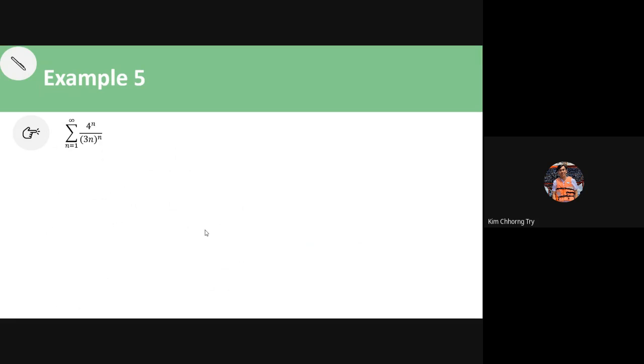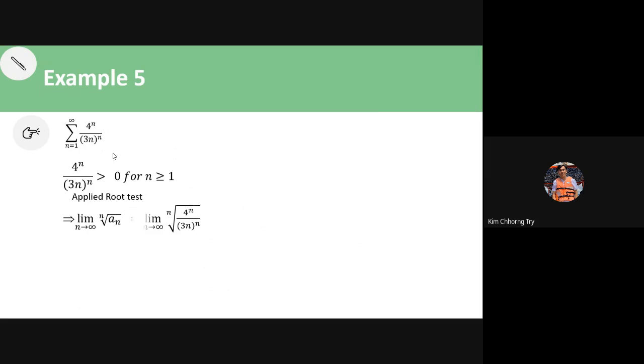Another example is the series sigma of 4 raised to the power of n over 3n raised to the power of n. Here a sub n is greater than 0 for n greater than or equal to 1, so we can apply the root test by taking its limit.